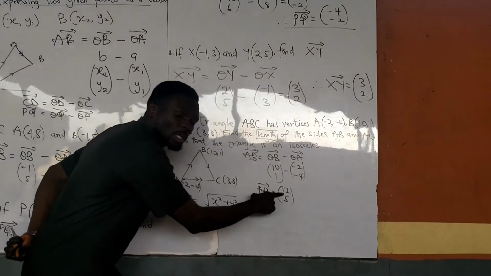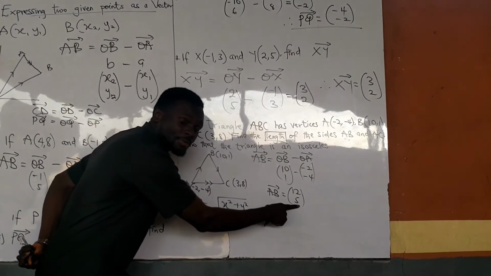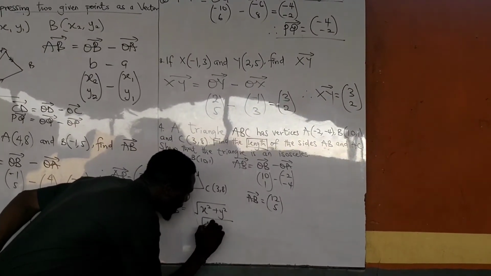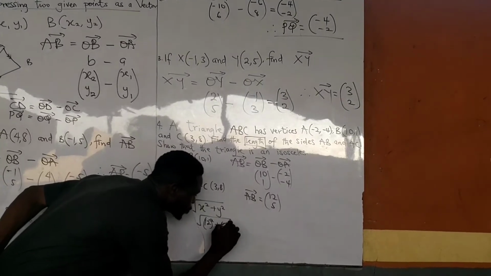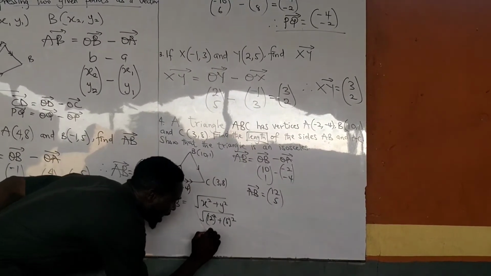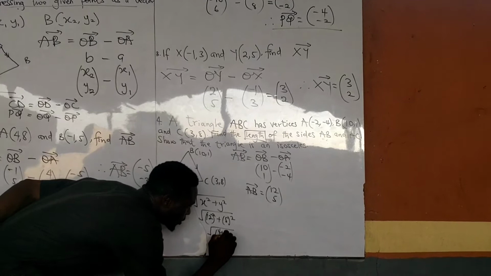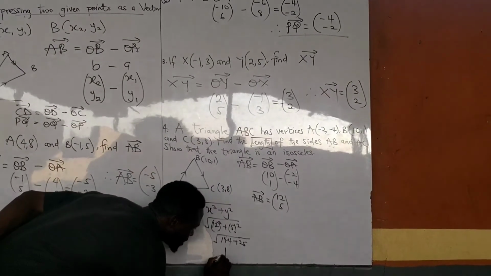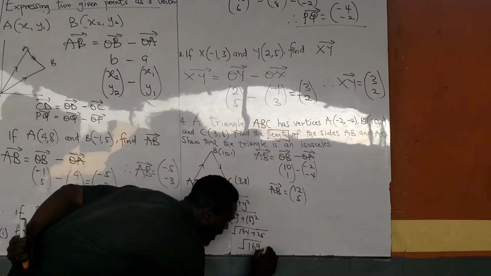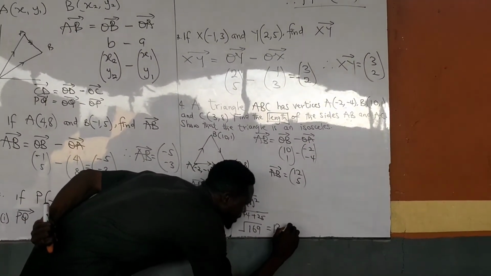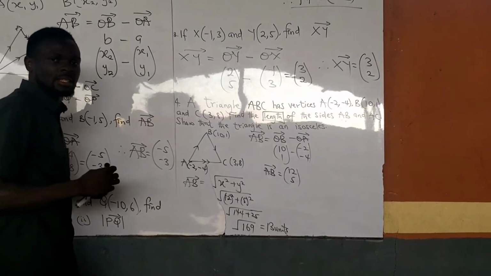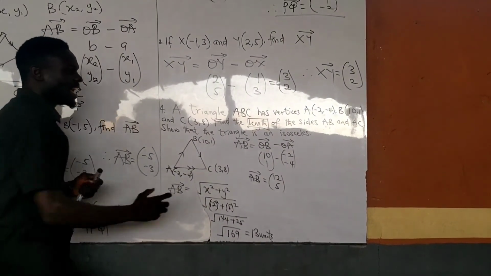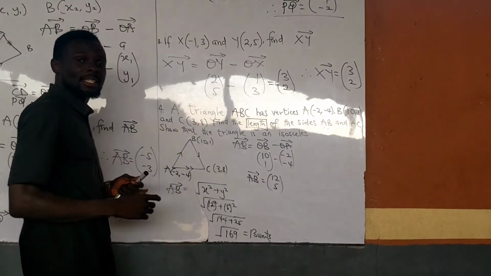The x component is 12 and the y component is 5. So the square root of 12 squared plus 5 squared. 12 squared is 144, plus 5 squared is 25, which gives the square root of 169, equivalent to 13 units as the length of AB. Good.